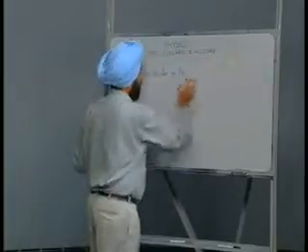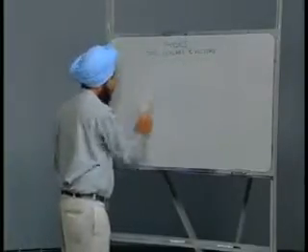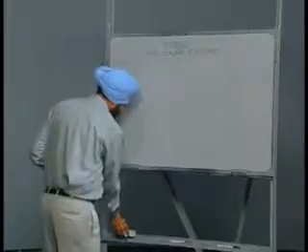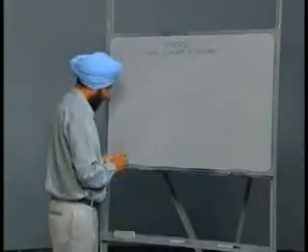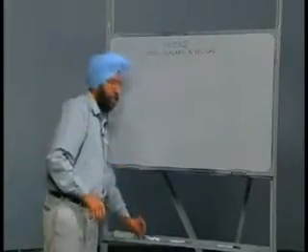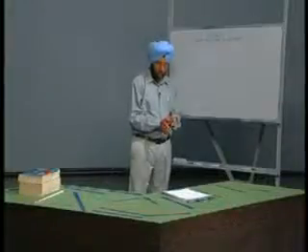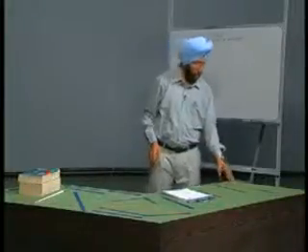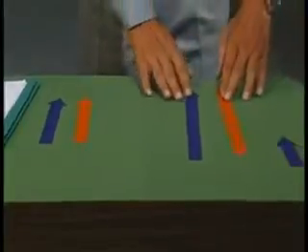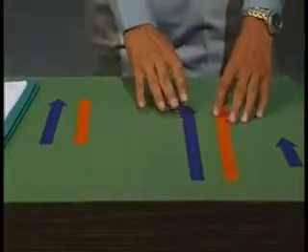Now, we have certain cutouts for vectors. Let us see with the help of a demonstration what we mean by equal and opposite vectors.